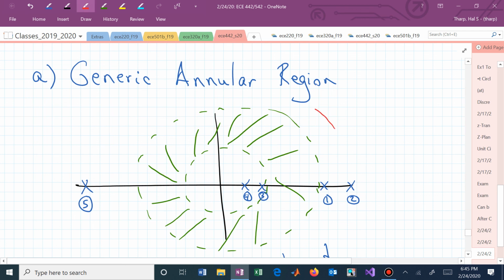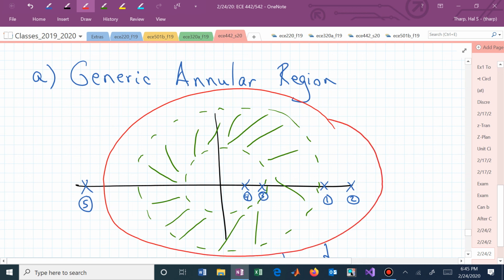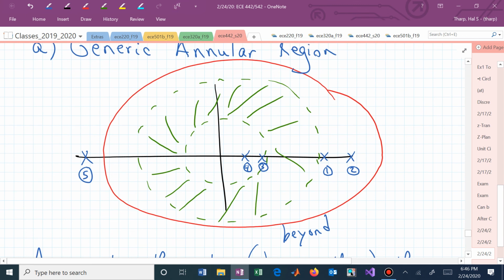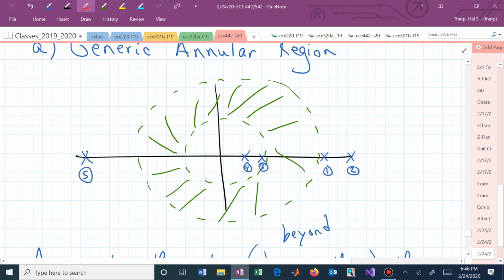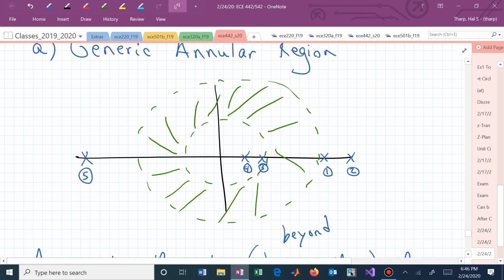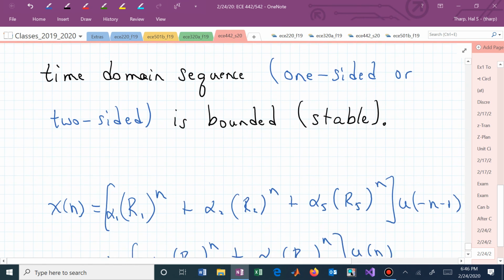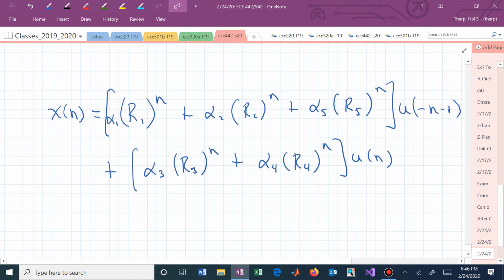And if the unit circle was here? Great circle, isn't it? It would be unbounded. You getting the hang of this? You can have all sorts of bounded, unbounded time domain responses for a generic picture. So the numbers 1, 2, 3, 4, and 5 I didn't define, did I? Those pole locations. So it was unclear until somebody shows you where the unit circle is.